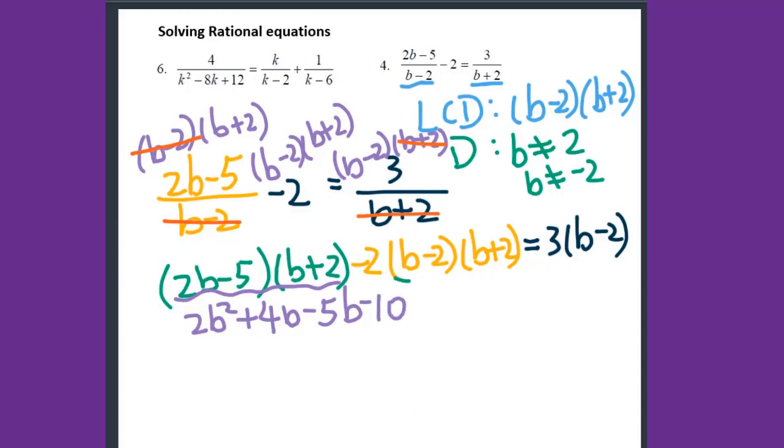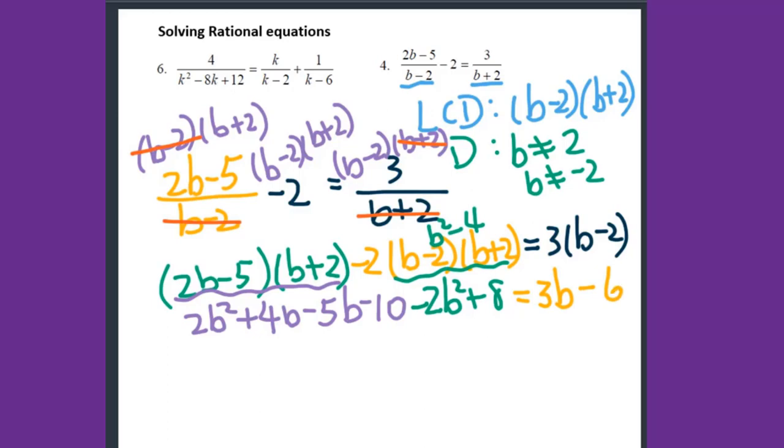For this part, you have b squared minus 4 because that's a conjugate multiply. Then negative 2 times b squared minus 4, you will get negative 2b squared plus 8, equals 3b minus 6.